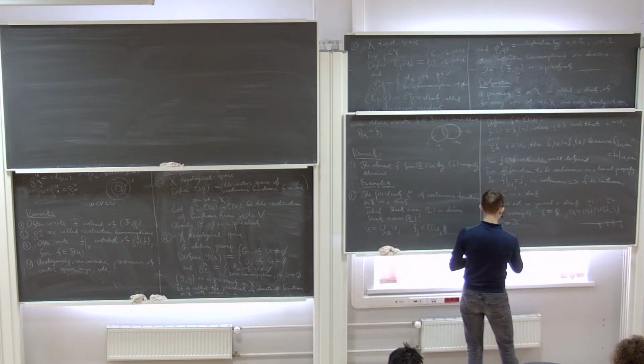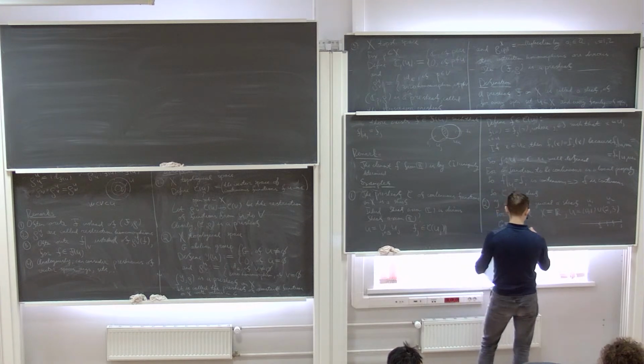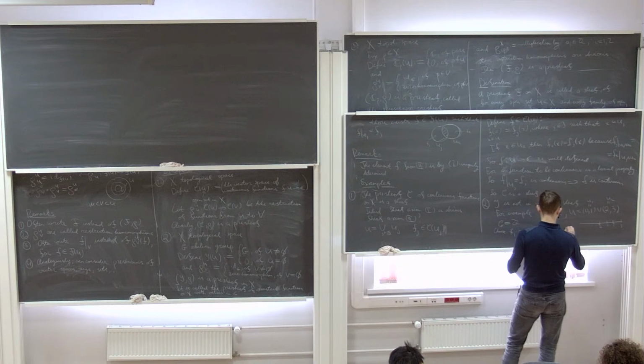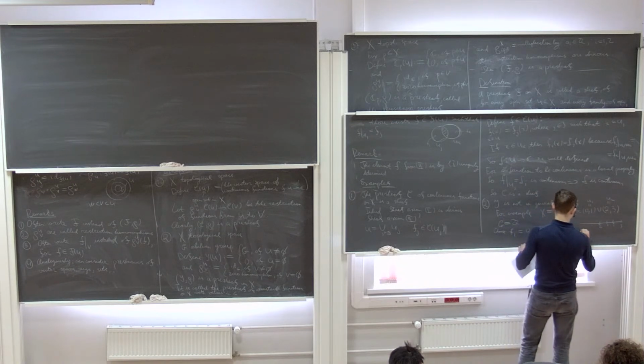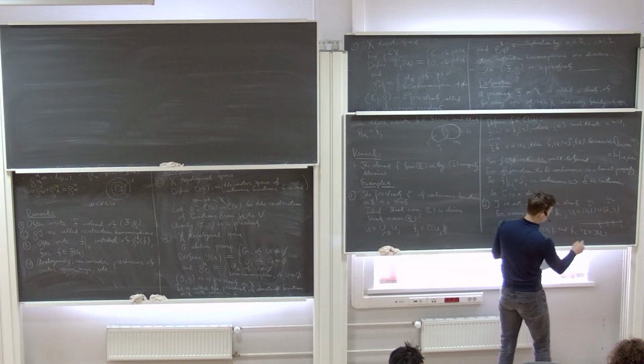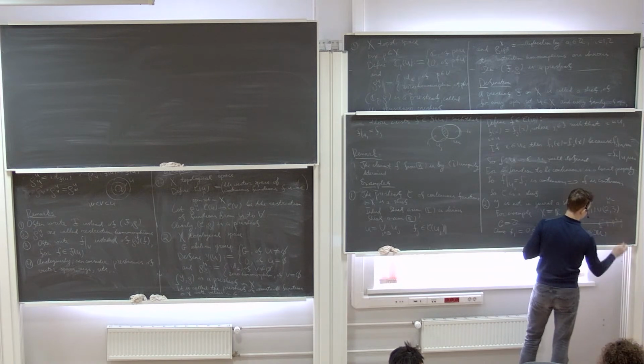Then you choose f1 equal to 0 in Y of U1, and f2 equal to 1 in Y of U2. So you define this element of our pre-sheaf as 0 here and as 1 here.